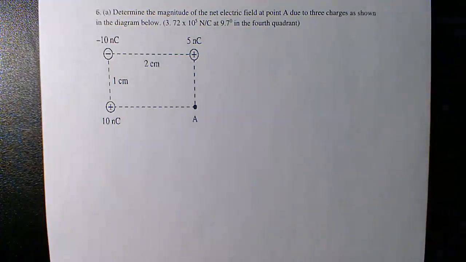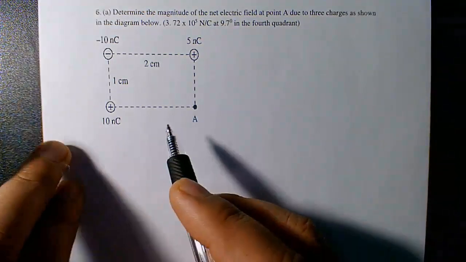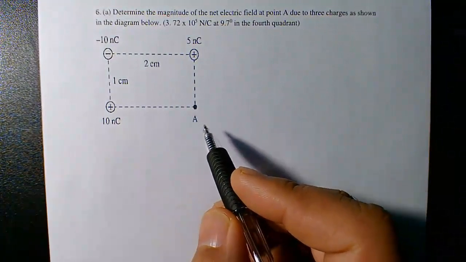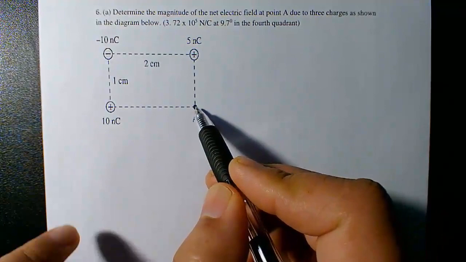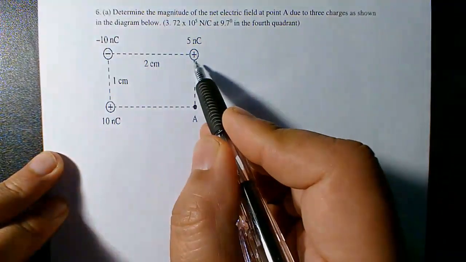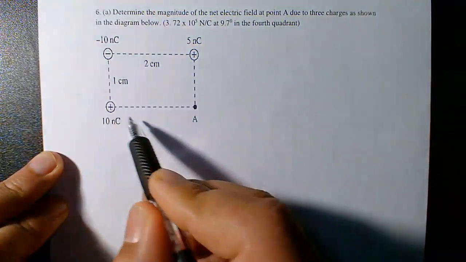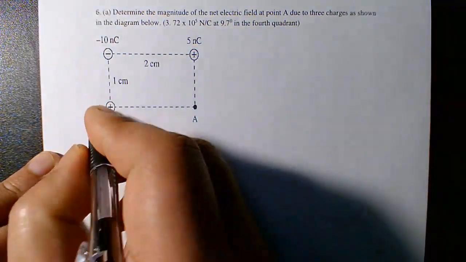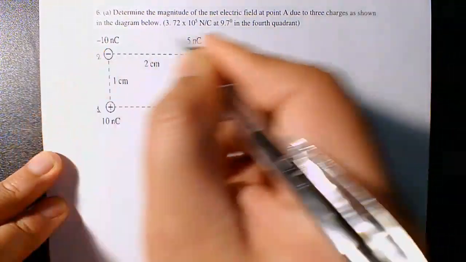So here's the next problem. It's asking you to find the net electric field at point A due to these three static charges placed at the corners of this rectangle. Let's say this is charge number 1, charge number 2, charge number 3.